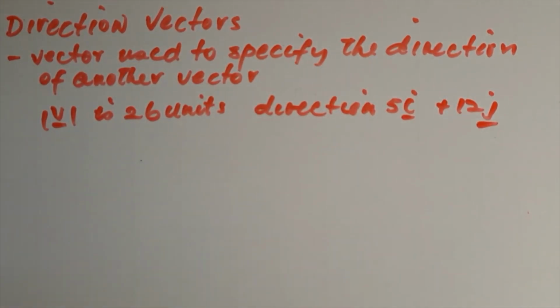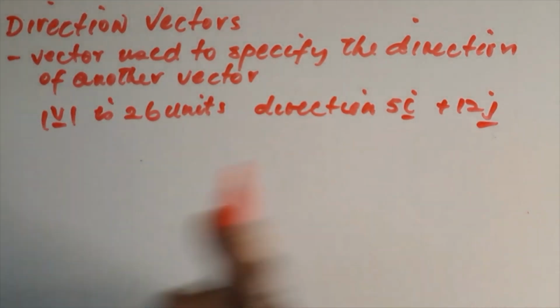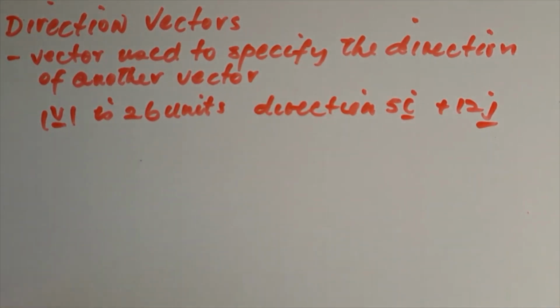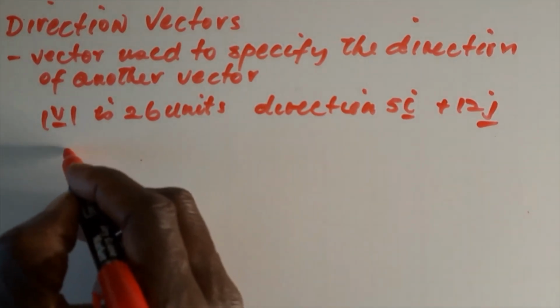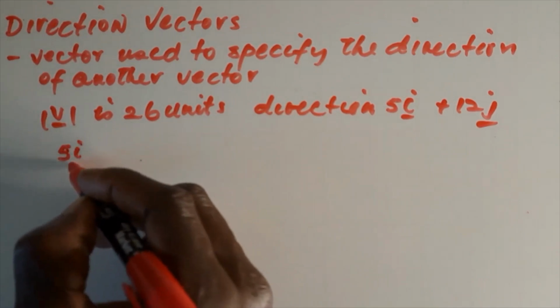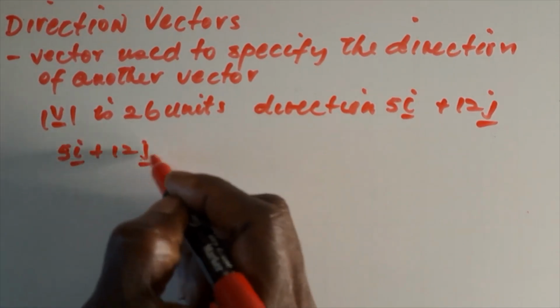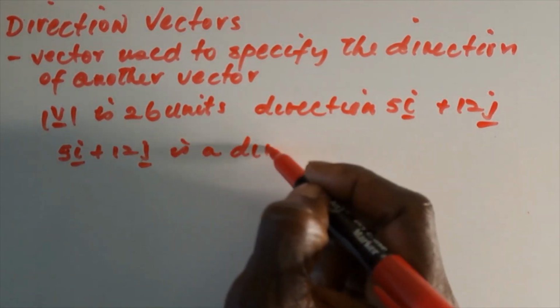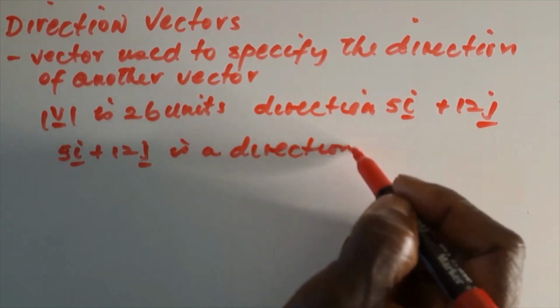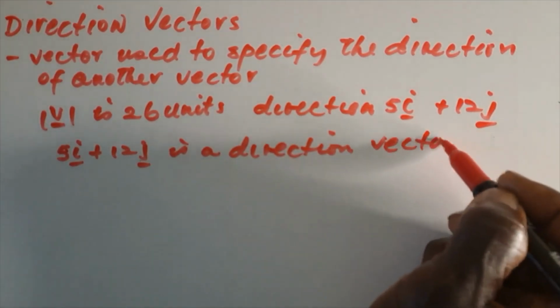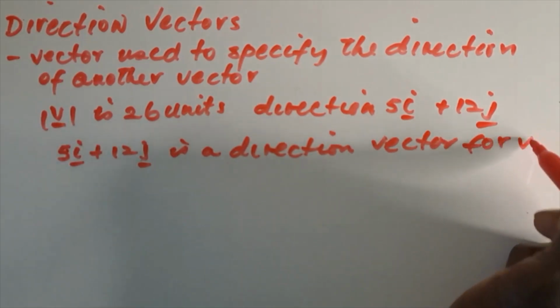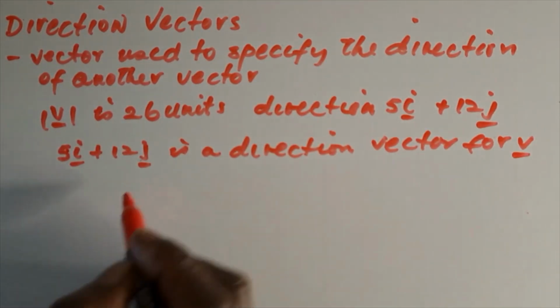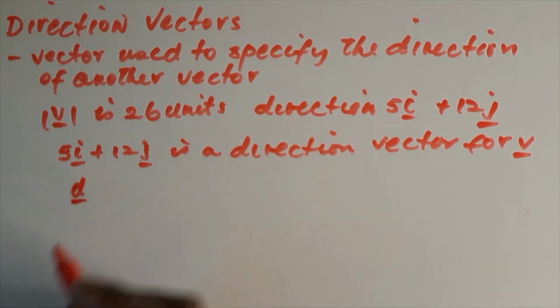From this, we know that 5i + 12j is a direction vector for v, and we'll denote that by the vector d. So 5i + 12j is a direction vector for v, and we'll call it d.